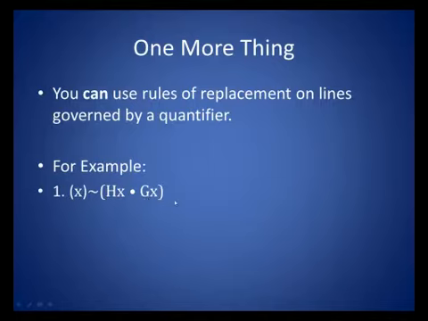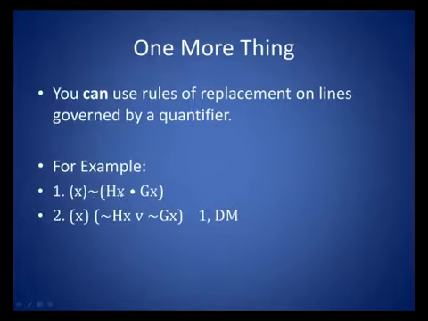And in essence, we can think of this quantifier as being the main operator. Okay? I am allowed to use UI, of course, right? But I'm also allowed to use my rules of replacement. So for instance, I can use De Morgan's here. Line 1 says for all x, it's not the case hx and gx. On line 2, by rule of De Morgan's, I am able to claim for all x, it's not the case hx or not the case gx.